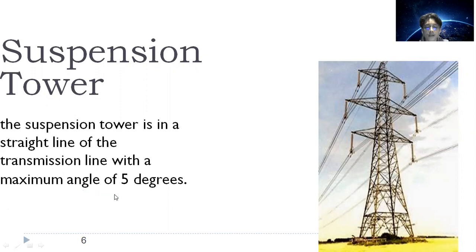This type of tower is used on lines for straight runs or for small angles of deviation, 2 degrees to 5 degrees. Conductor suspension towers may be supported by means of I string, V string, or a combination of I and V string.